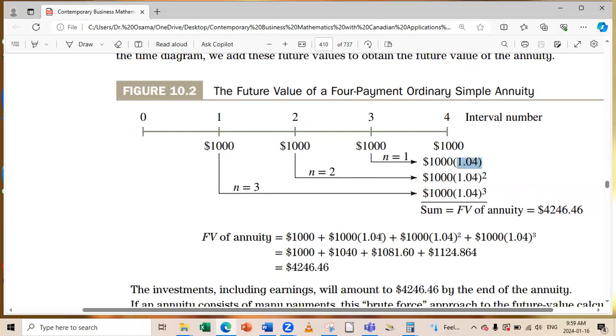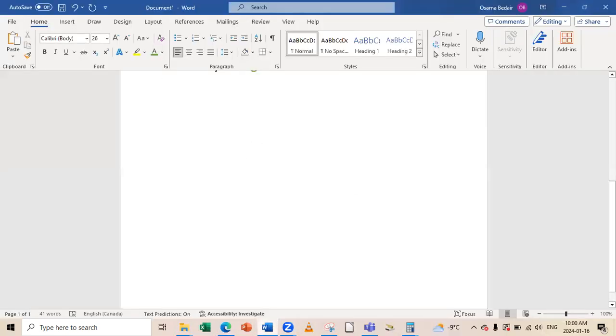1.04, because let me show you how to get the interest. We said the interest will equal the principal multiplied by the rate multiplied by the time.